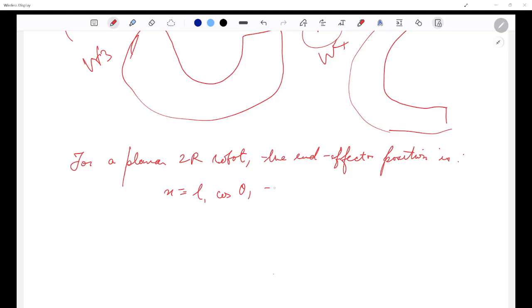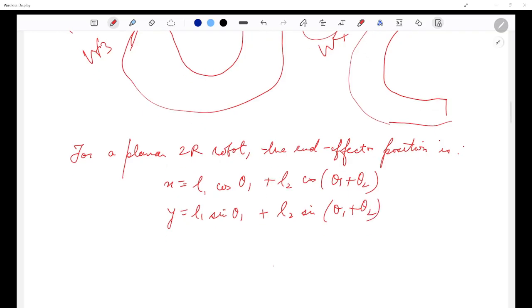X is equal to L1 cos theta 1 plus L2 cos (theta 1 plus theta 2), right? Y is equal to L1 sine theta 1 plus L2 sine (theta 1 plus theta 2). So position depends on two angles, and workspace is definitely a 2D region in the XY plane. That is not a problem.